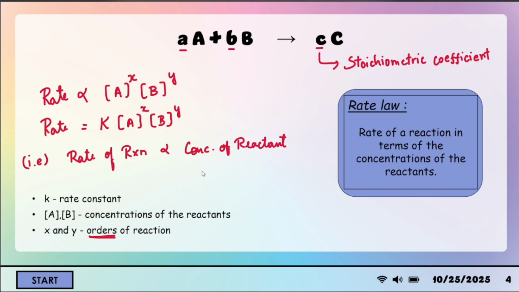So when the concentration of the reactant increases, the rate of the reaction also increases. When the concentration of the reactant decreases, rate also decreases. Okay, students, it's very important.